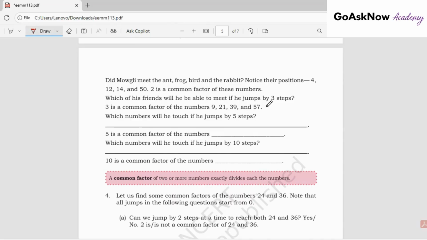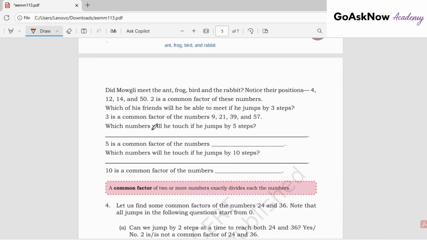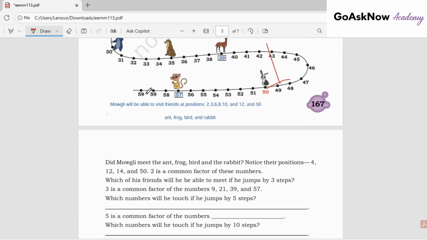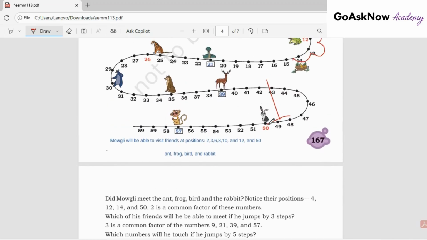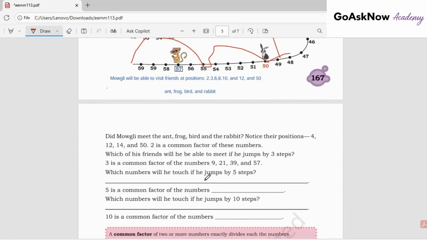Now we are checking which numbers 5 is the common factor of. Which number will he touch if he jumps by 5 steps? 5 steps means he will come to 55, then 60.